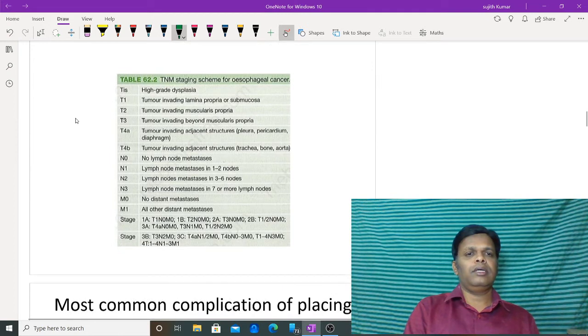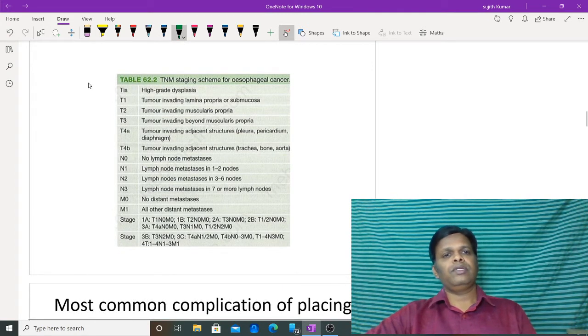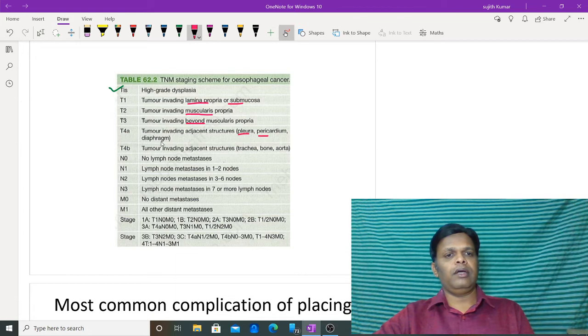So this is the same TNM staging of the esophageal cancer. TIS, that is the in situ, is the high grade dysplasia, and T1, that is involvement of the lamina propria and submucosa, and T2 is involvement of muscularis propria, T3 is beyond the muscularis propria, and T4A is involvement of adjacent structures like pleura, pericardium, and diaphragm.